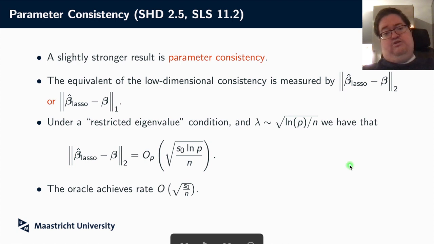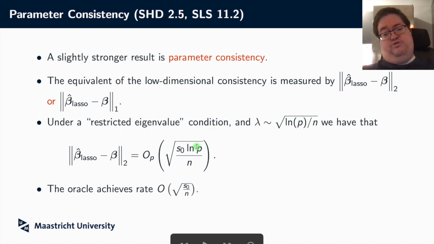Now again, we can show that we actually have this parameter consistency. So we again need this growth rate on lambda. And we need, again, a so-called restricted eigenvalue or compatibility condition. Again, we can compare to what the oracle does. And the oracle, again, is square root of log p better here.